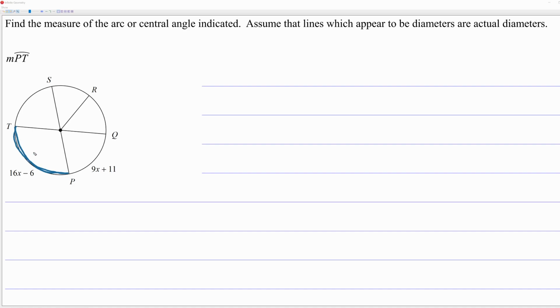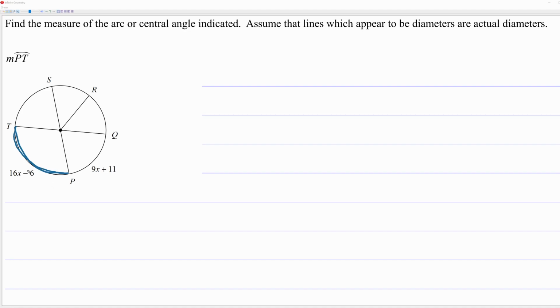Now we have some algebra to do. So we have x's instead of just numbers, but you're still going to use the same properties. Either all the angles add up to 360, half of a circle, the angles add up to 180, vertical angles are congruent to each other, but this time we just put that in the context of algebra.